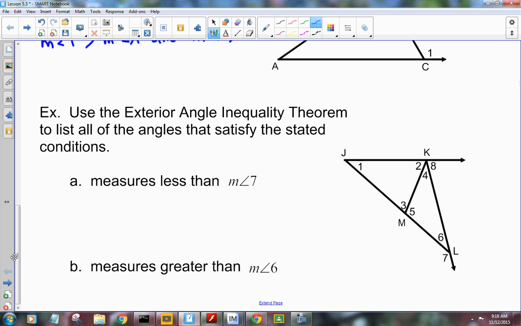It says use the exterior angle inequality theorem to list all the angles that satisfy the stated conditions. One thing I want to caution you about is you can't just say one thing is greater than another because it looks like it. Do not go by how large the angle looks.